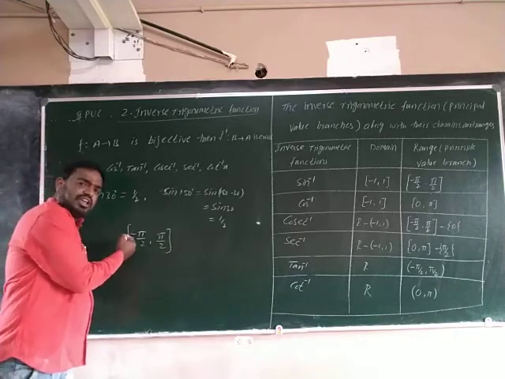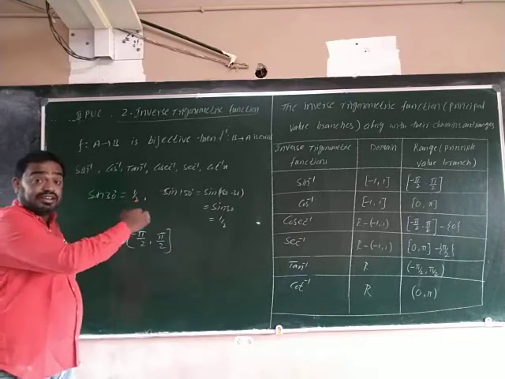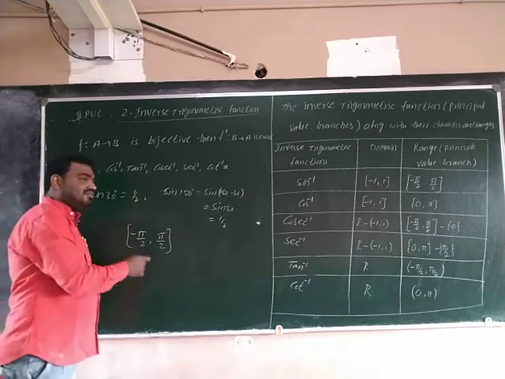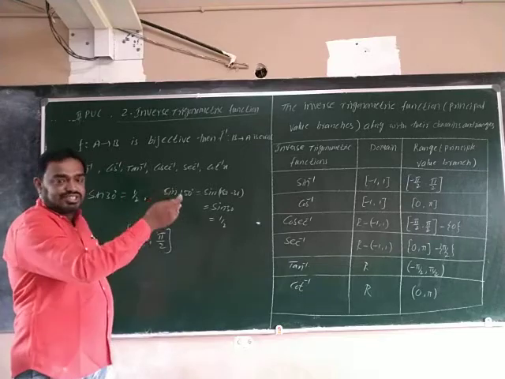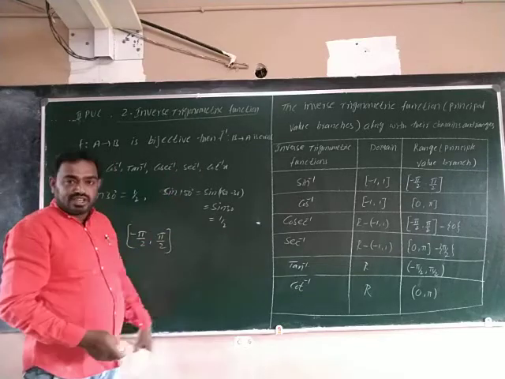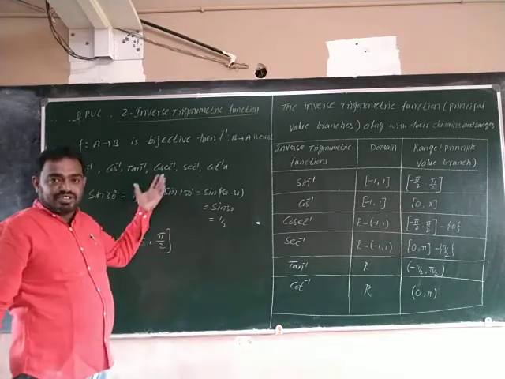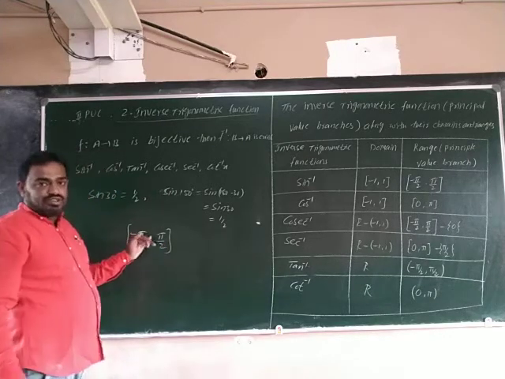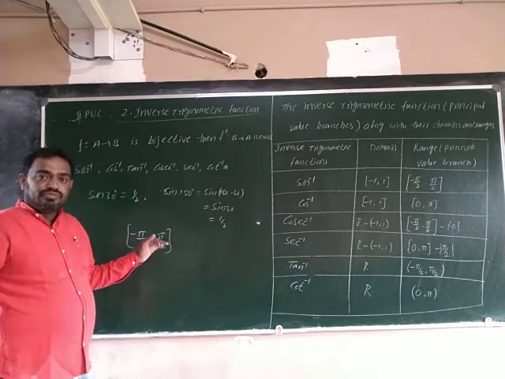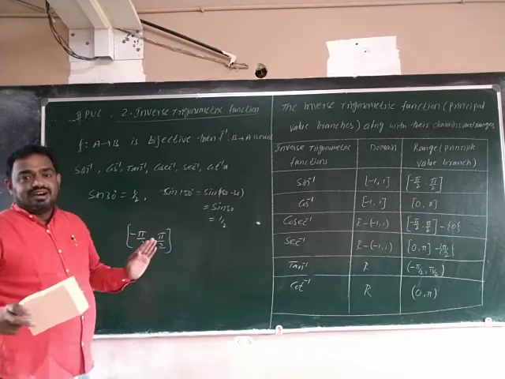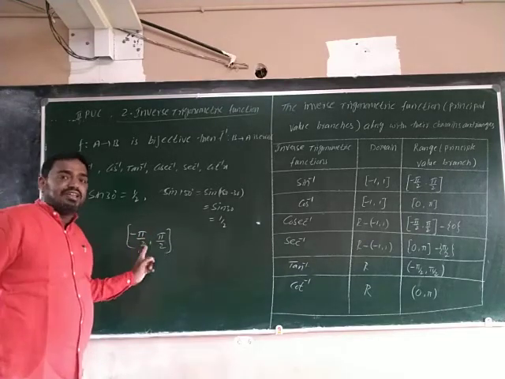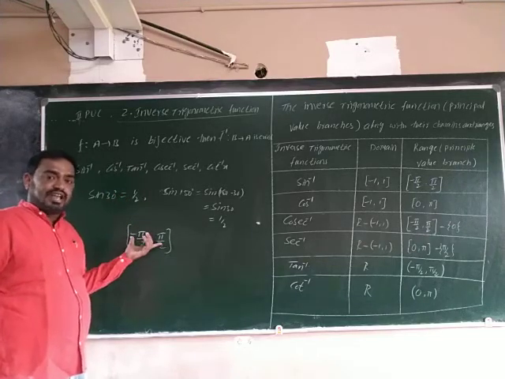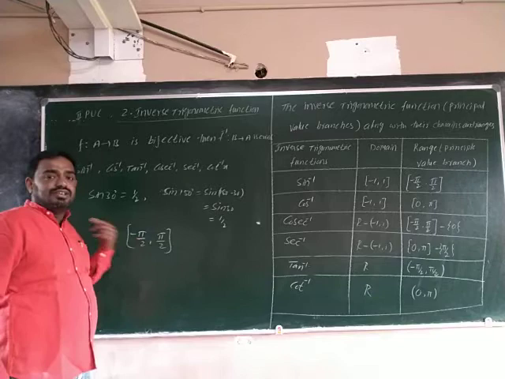You check it, take any angle, the result is not repeating. For example, sin 30, sin 40, sin 45, sin 60, sin 70, sin 80. You check in the trigonometric table, from minus 90 to 0 and 0 to 90. These numbers are not equal for any angle, so the sine function is bijective in this interval.